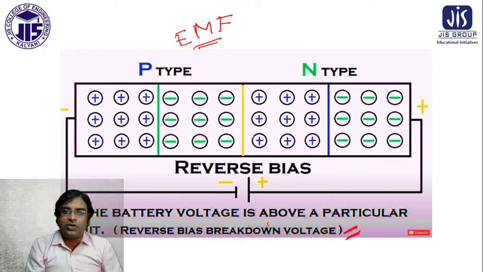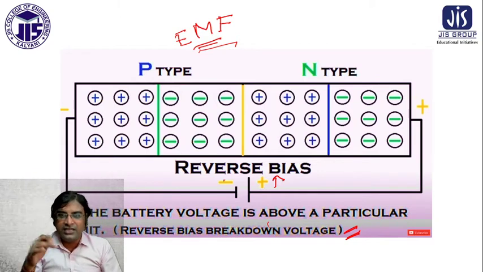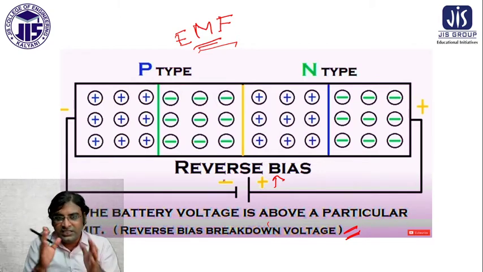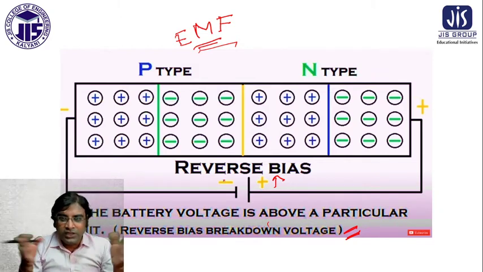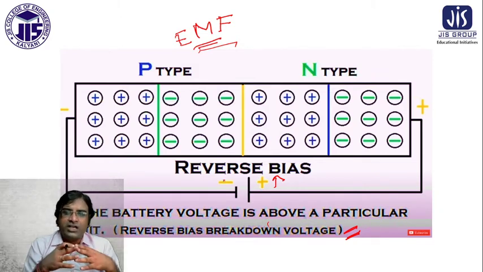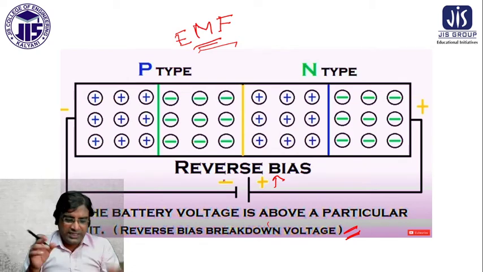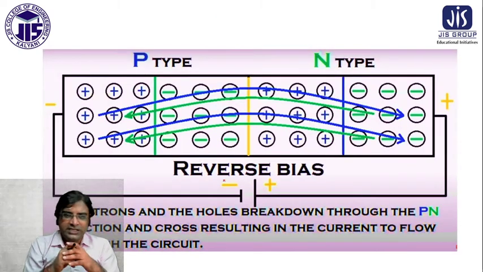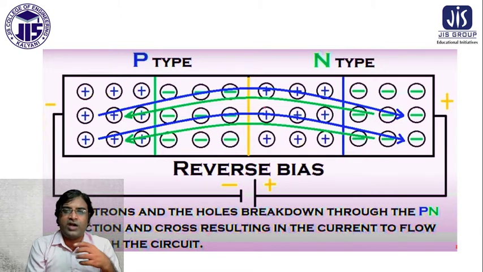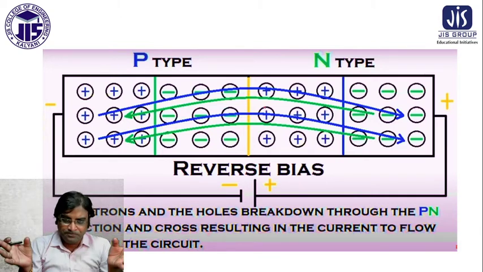In this reverse bias condition, if I increase the EMF, if I increase the reverse bias voltage higher and higher, after a certain point this barrier is destroyed, all the bonds are destroyed, and a huge current flows. You can see electrons and holes break down through the PN junction, and a huge current flows, shown in blue and green color, when the bond is breaking.